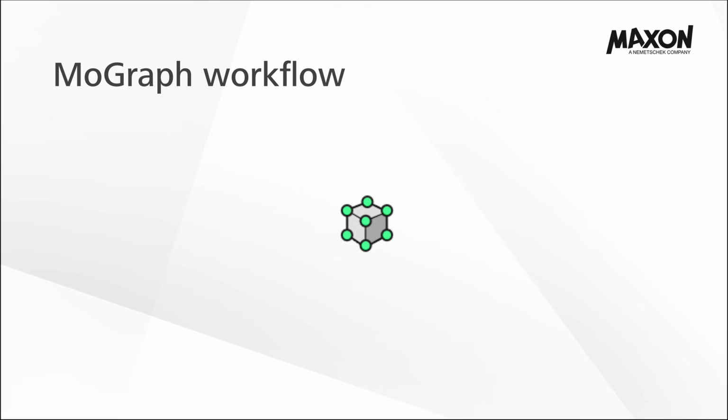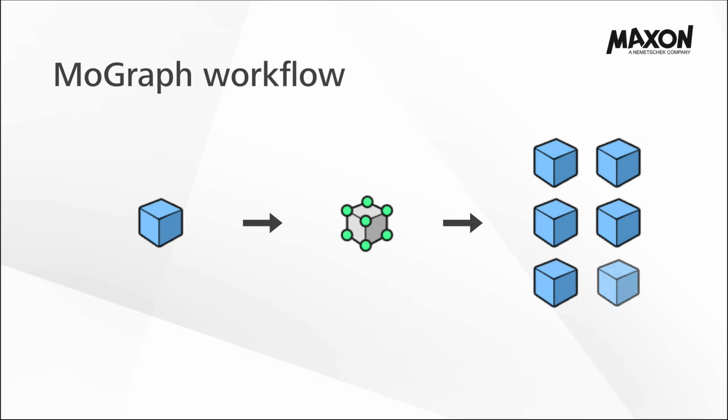What you see in the middle here is the icon of a MoGraph cloner. And what you need to do in order to clone an object is you need to make it a child object of the cloner. And what will happen then is you will get many copies of that object. So in this case, it's a cube. And now here comes the interesting part.